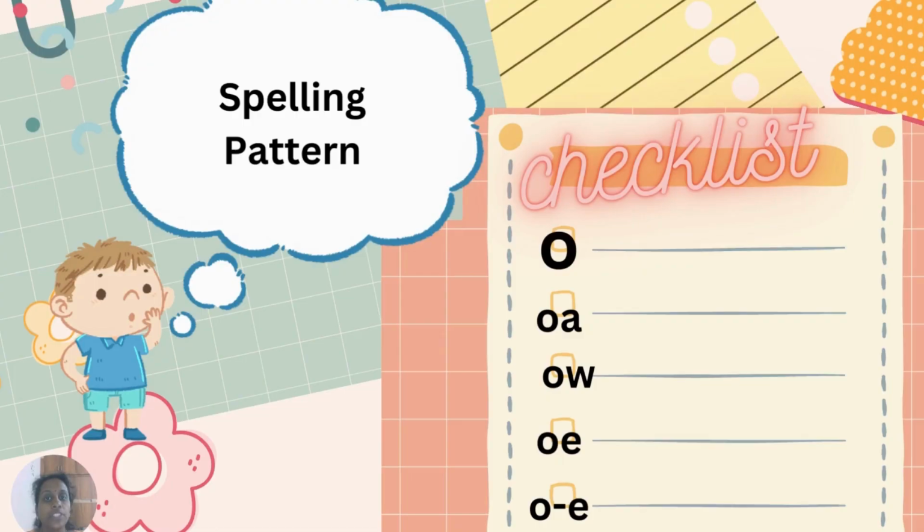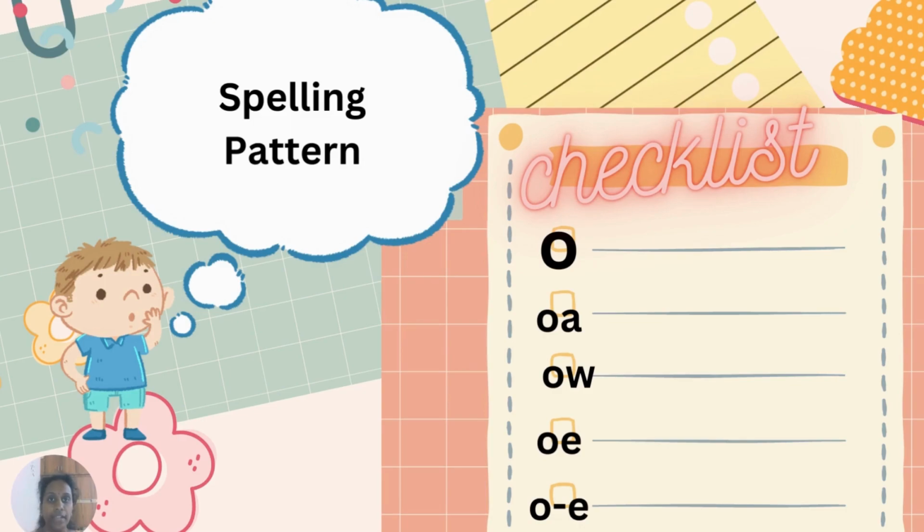Also, we should give a spelling pattern that they have to understand. For that, we should give some kind of checklist: O makes the O sound when it is at the end of a word, OA makes the O sound when generally it is in the middle of a word, and OW makes the O sound when it is at the end of a word.